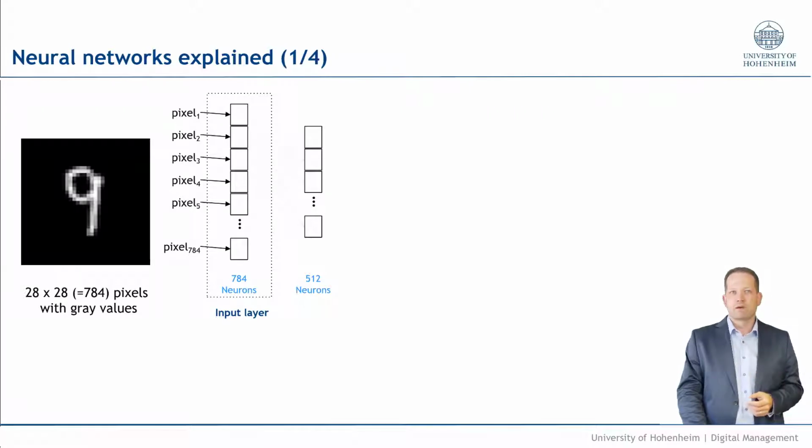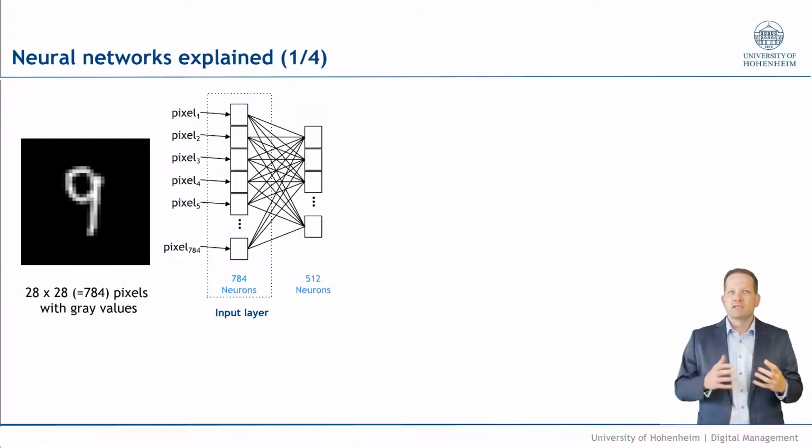In this example, we have 512. And they are interconnected. So nodes, neurons in the input layer are connected to neurons in the next layer, but not among themselves, so not in the input layer among themselves. That's why we talk about different layers. And here in this example, we have them fully connected. Each of the 784 nodes in the first layer is connected to each of the 512 nodes in the second layer.